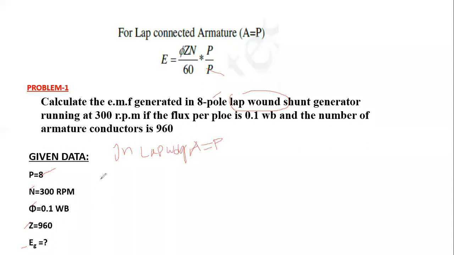What is the EMF equation in the case of a DC generator? That is Eg. What is the formula for that Eg?